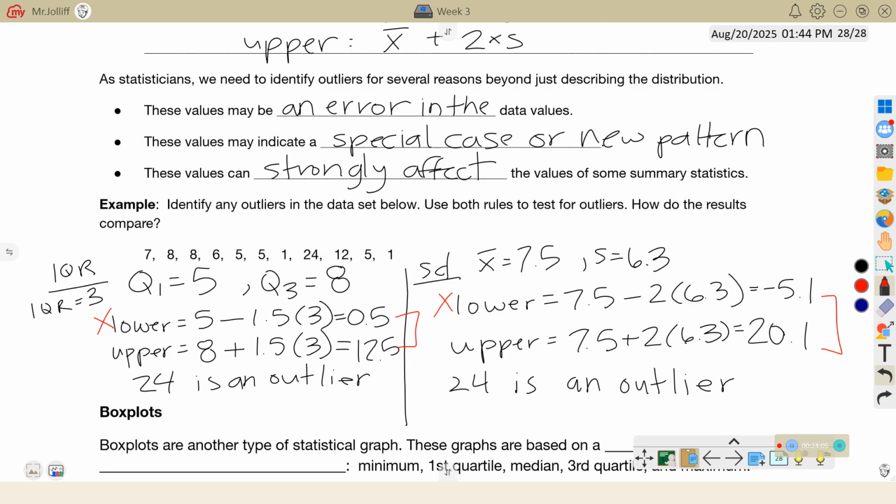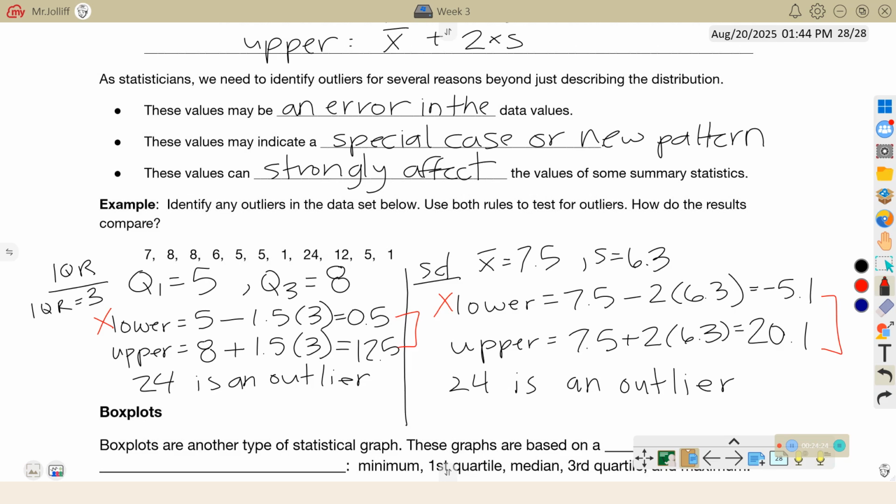Why do we think that is? Because mean and standard deviation are not resistant to the outliers or skew. Very good. We know that this data had a suspected outlier.